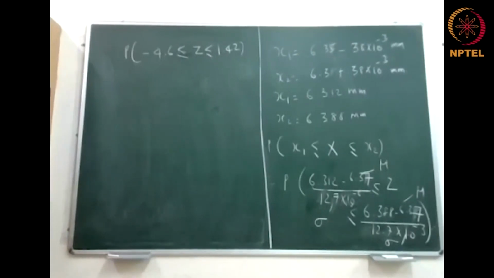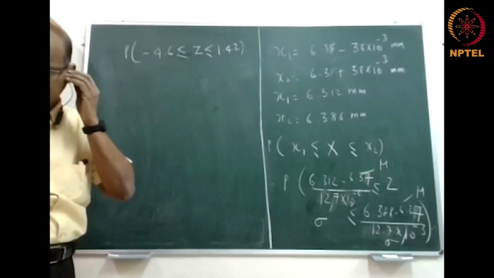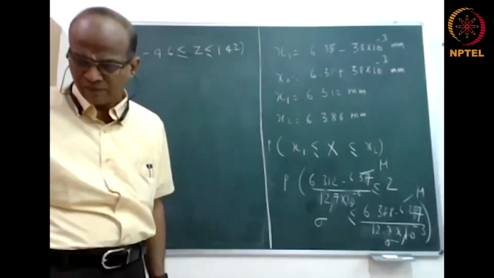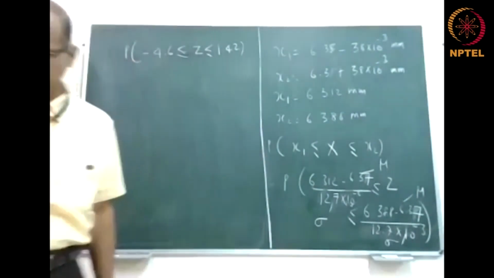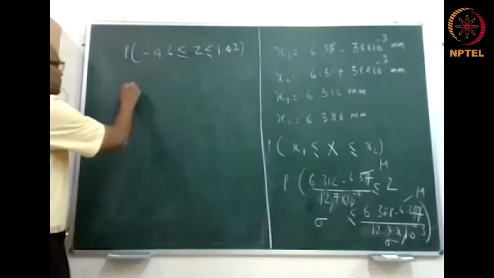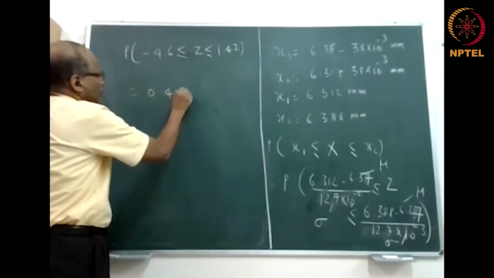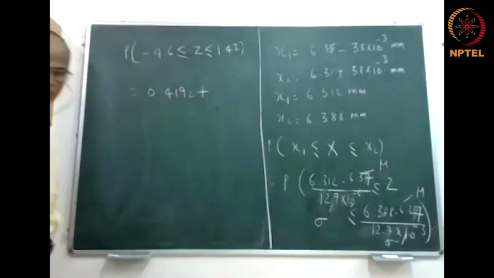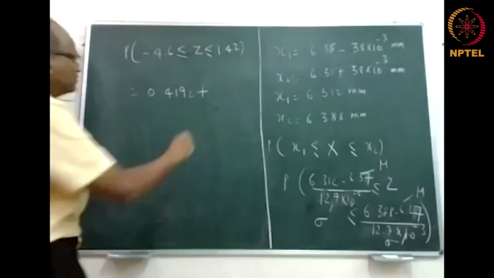How much is that? 0.9222. Yes, 0.4192, plus 0.5.